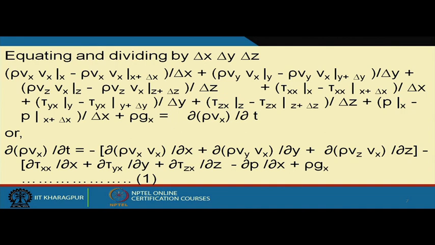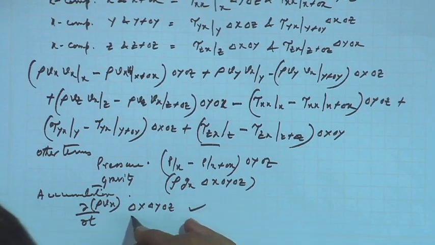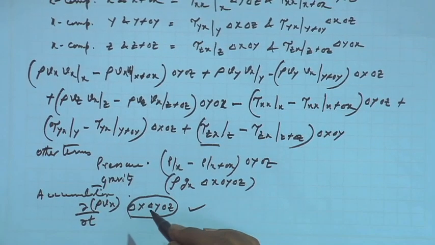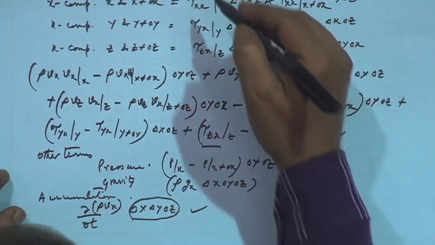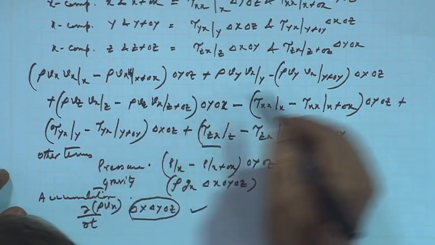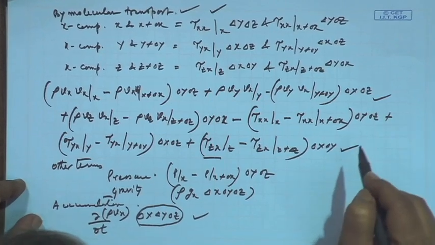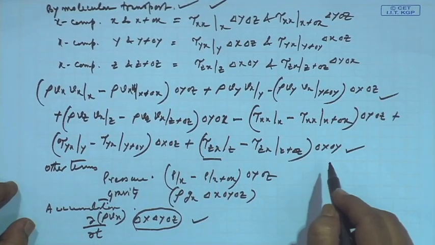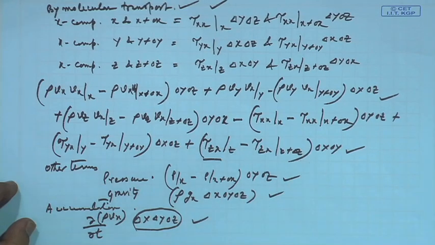So, then we had come, if you remember, up to this accumulation, right, where the volume element was there, del x, del y, del z, and we also had taken molecular transport and bulk transport, and then the pressure term and the gravity term, that is some of the other forces, right.